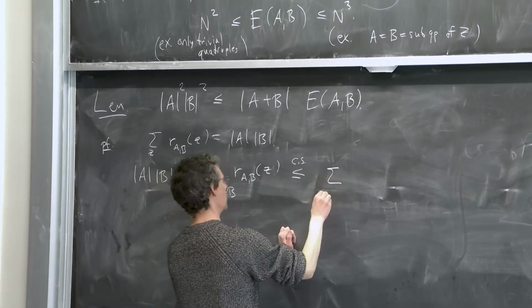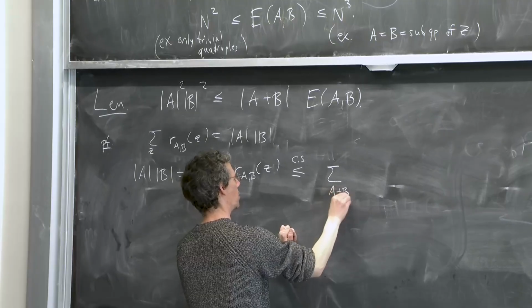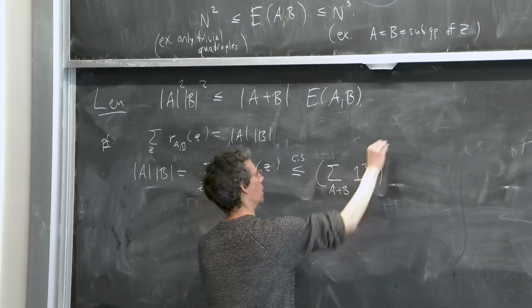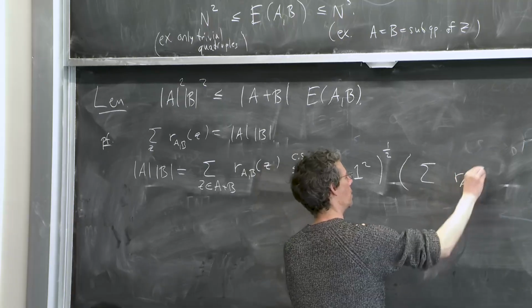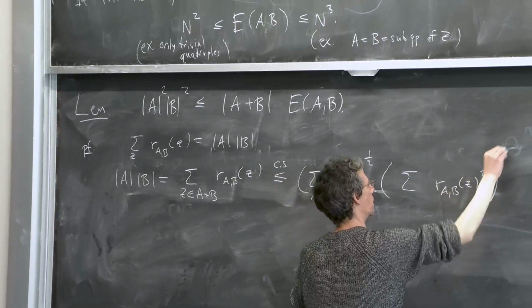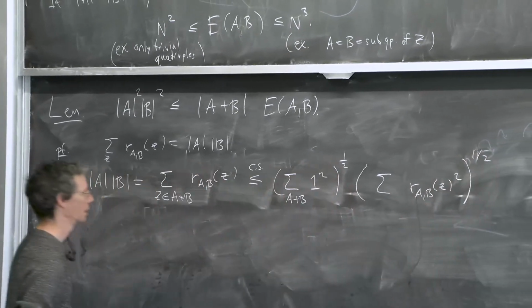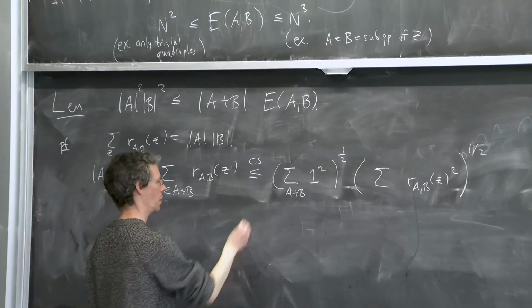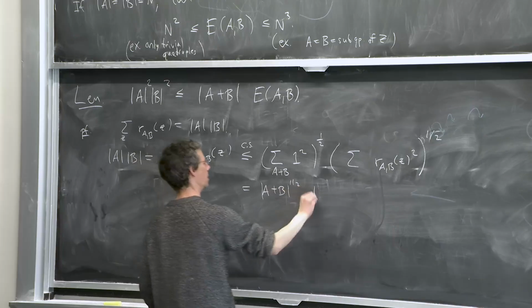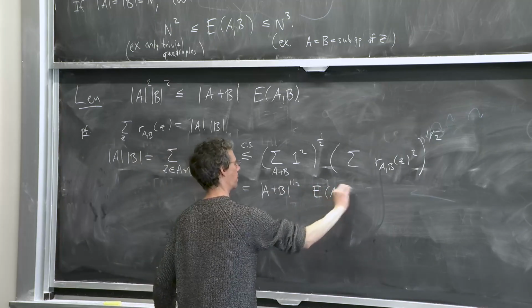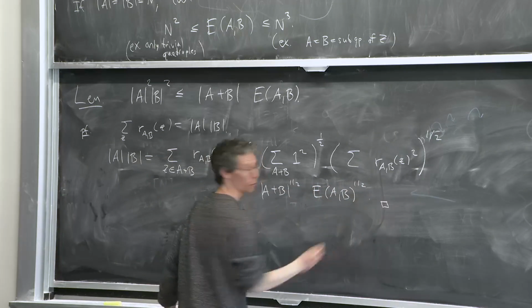I'm going to write it as the sum over A plus B of 1 to the 1/2, times the sum of R_AB of Z squared to the 1/2. So that's the size of A plus B to the 1/2 times the energy to the 1/2. And that's the proof.